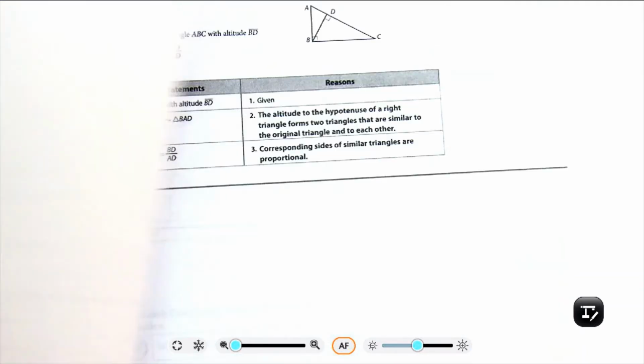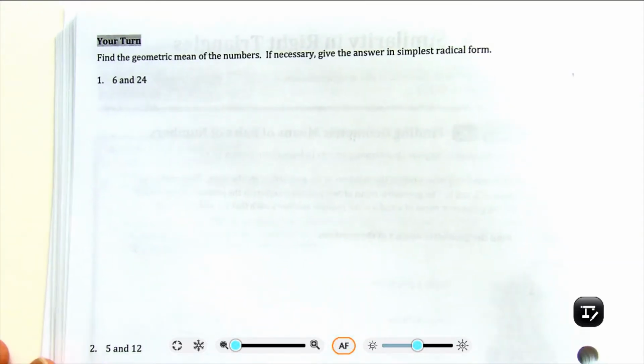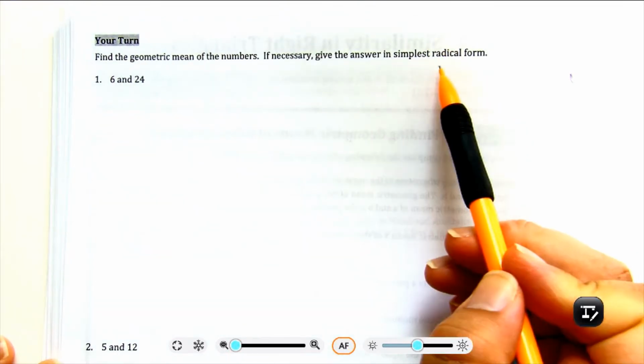So now let's practice two problems. If you want to pause the video here so that you could try these on your own and then press play, practice simplifying your final answer into radical form if you need to.